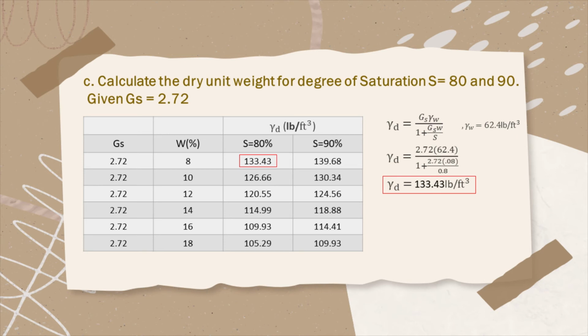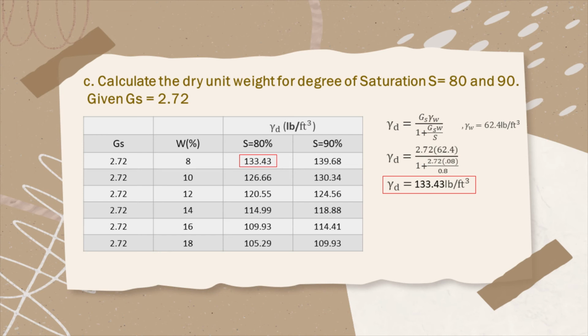So substituting the values for the water content and the specific gravity of solid 2.72, for 8% water content we will substitute 2.72 times 62.4 over 1 plus 2.72 times 8% over 80%. That would give us a dry unit weight for 8% of 133.43 pounds per cubic foot.